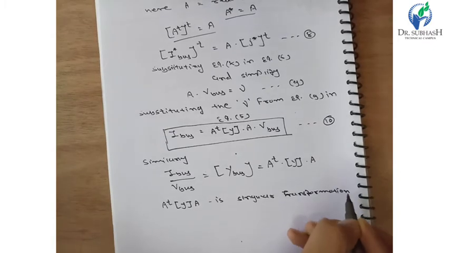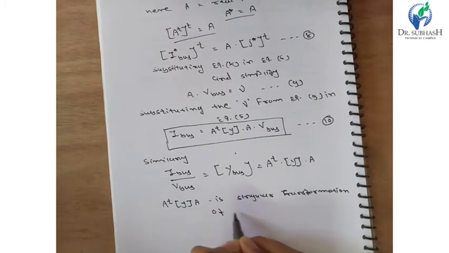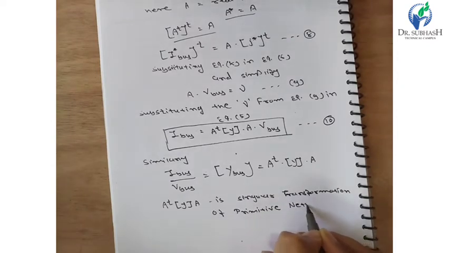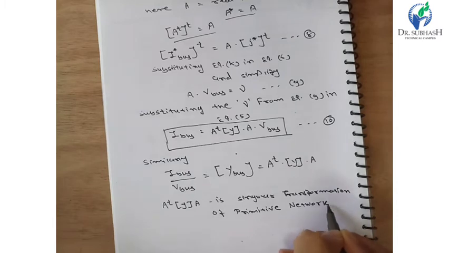Singular transformation of the primitive network of Y. The primitive network of Y is a singular transformation.